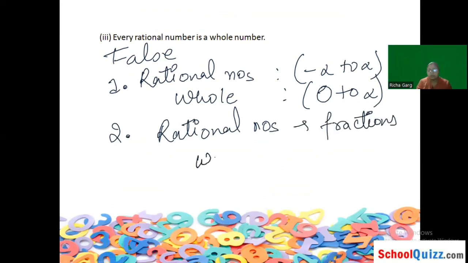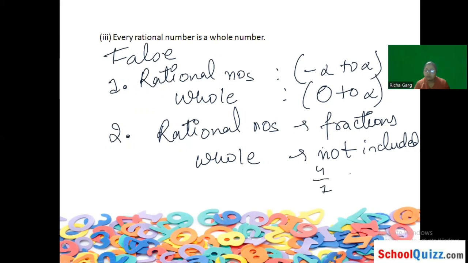Whole numbers do not include any fraction. It is only numbers which are in the form of 4 upon 1, 5 upon 1, 20 upon 1, like this one. So the two reasons are it doesn't include fractions or any negative number. So every rational number cannot be a whole number.